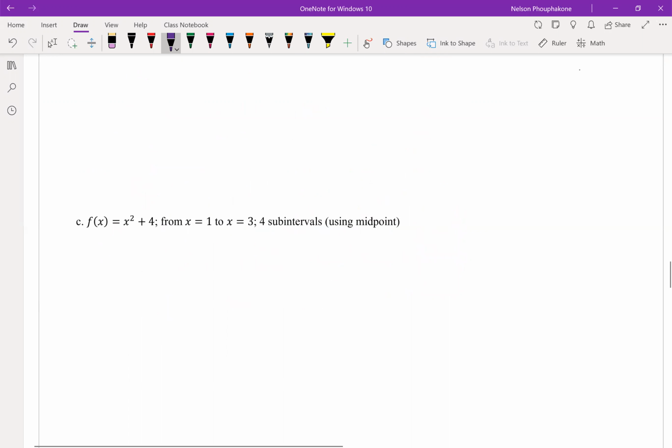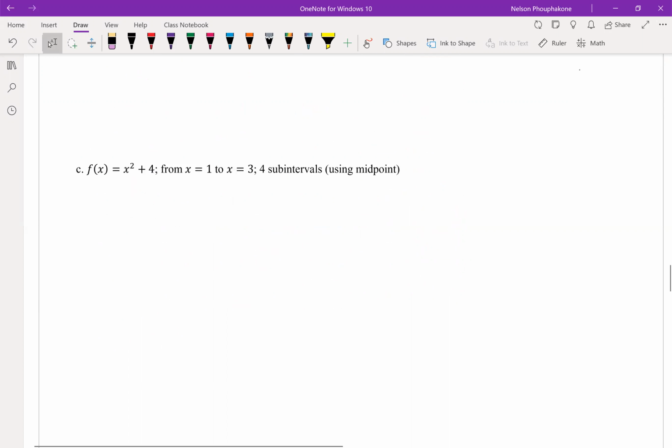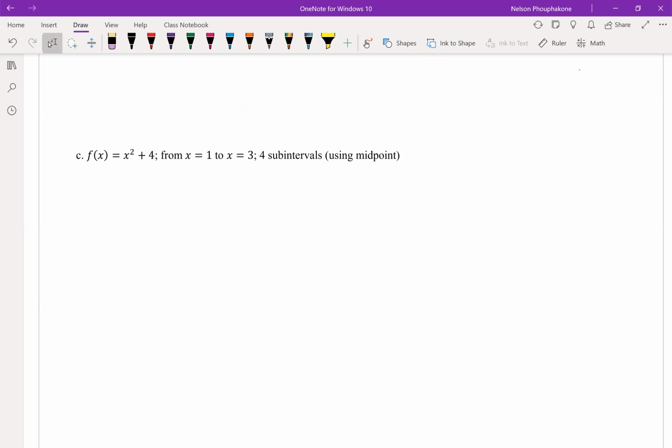And now, the last one is the one that we are going to work with the midpoint. Okay, so we would like to find M sub 4. And then remember, in this case, my delta x is equal to 3 minus 1 over 4. So it's 2 over 4, which is 0.5 then.